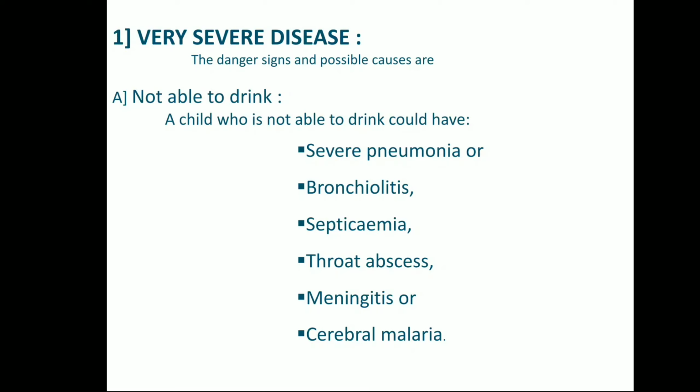So not able to drink is one of the key signs for classifying the child into a very severe disease. The diseases which make the child not able to drink are severe pneumonia, bronchiolitis, septicemia, throat abscess, meningitis, and cerebral malaria.